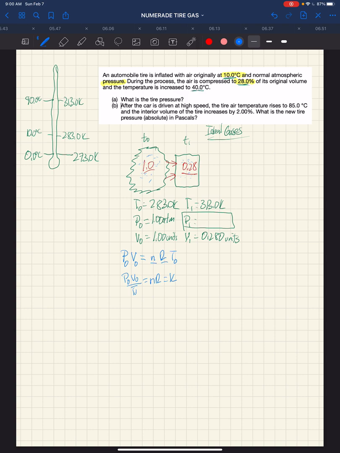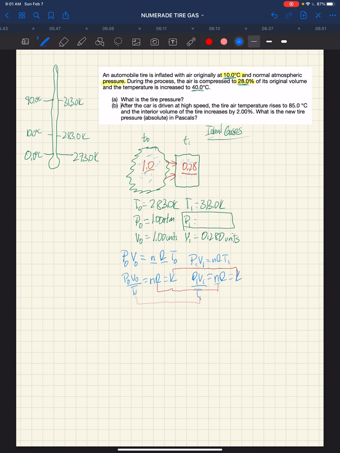Applying this to our time later, we know then that P1 V1 equals nRT1, and therefore P1 V1 over T1 equals nR. And it's the same number of moles because of conservation of mass, and it's the same gas constant, so it is also equal to K. These two K's are equal, these two nR's are equal, and therefore, these are equal to each other.